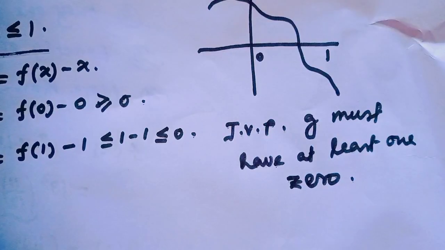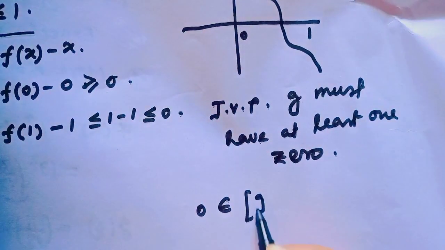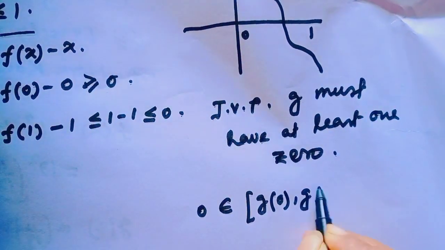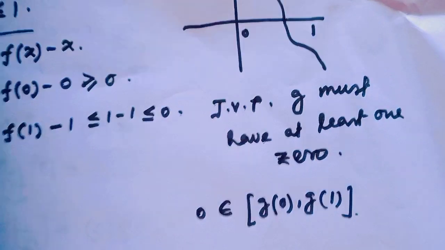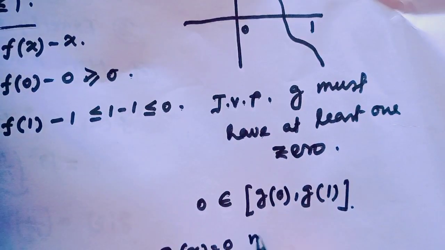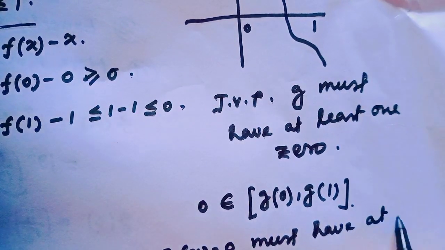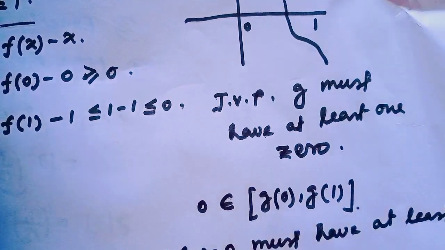Well, by the IVP, a zero lies in the closed interval [0,1]. That means g of x equal to 0 must have at least one solution.